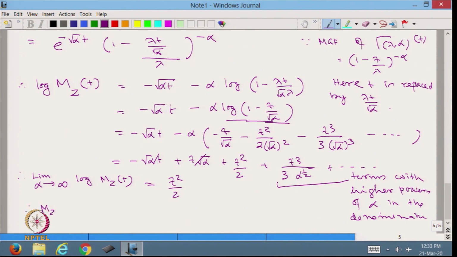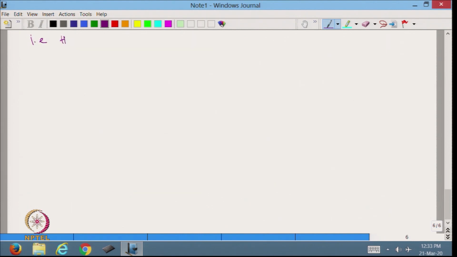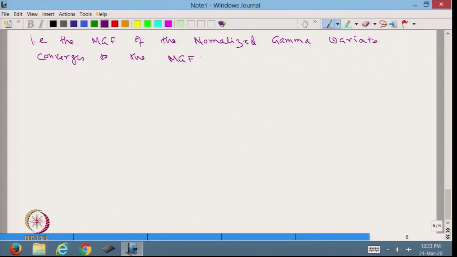Therefore, M z t converges to e to the power t square by 2, that is, the moment generating function of the normalized gamma variate converges to the MGF of normal 0, 1. Therefore, we get the same result.